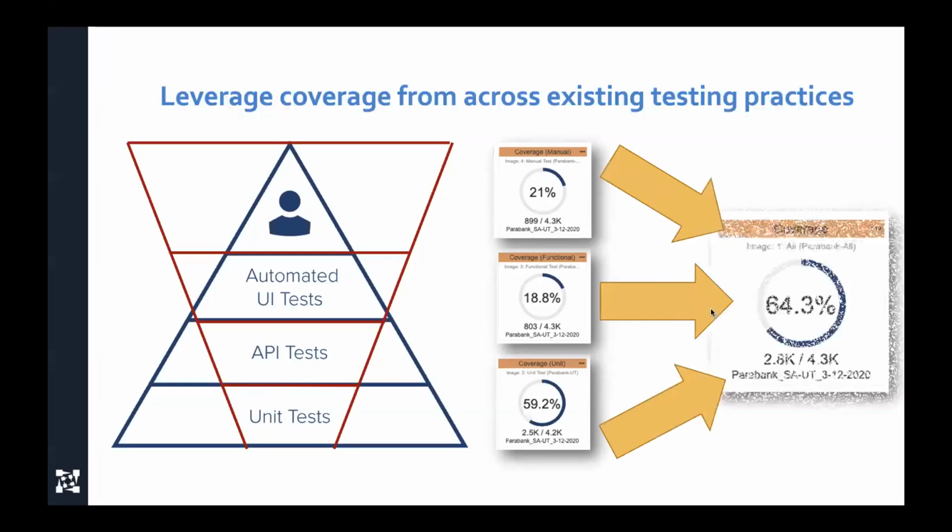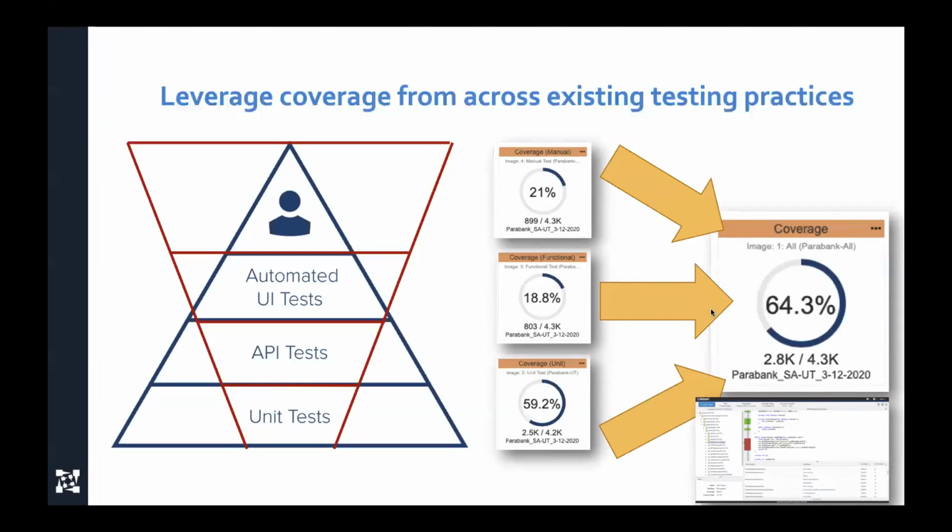What you want to do is merge those together into a centralized view of your code coverage, and that helps you identify what parts of the code base still need to be exercised. So here, by taking the existing testing practice for this example project, you can see we have about 35% of the code base that's not tested by anything.